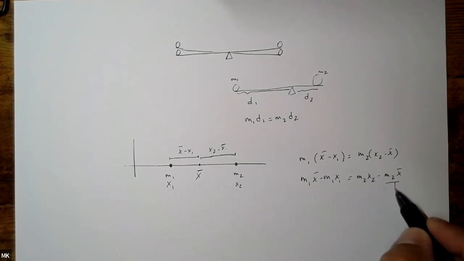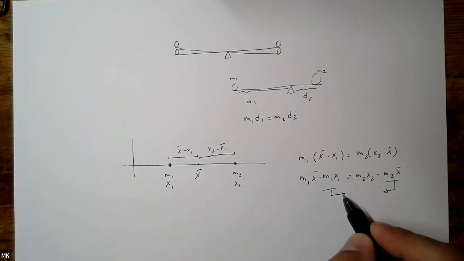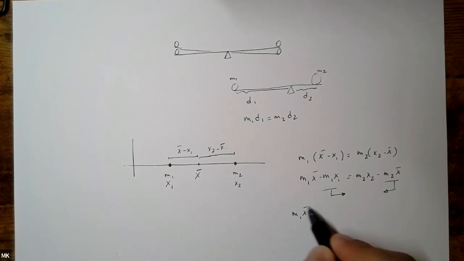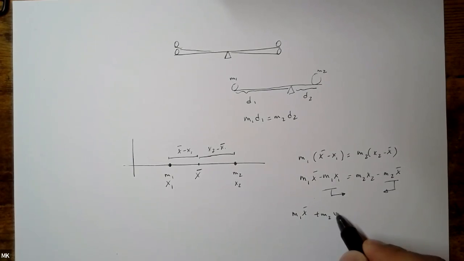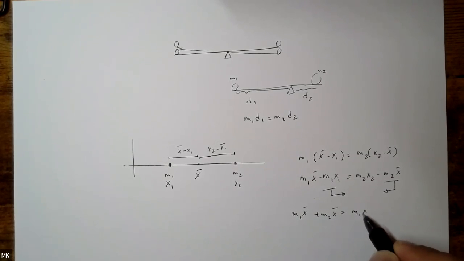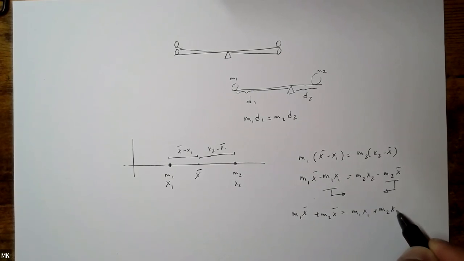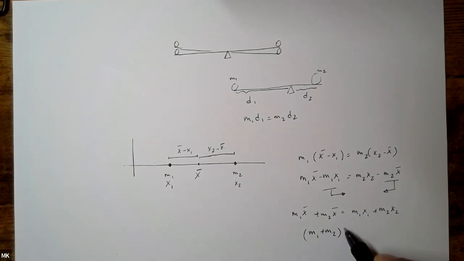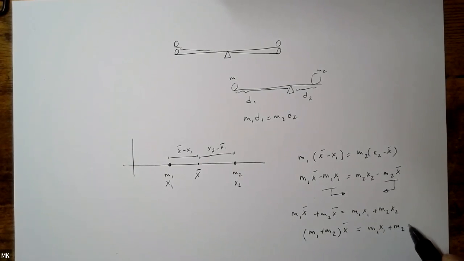Solving for x bar, take this to the other side, and this to the other side, you get m1 x bar plus m2 x bar is equal to m1 x1 plus m2 x2, or (m1 plus m2) x bar is equal to m1 x1 plus m2 x2. X bar, which is what you're looking for, is (m1 x1 plus m2 x2) over (m1 plus m2).